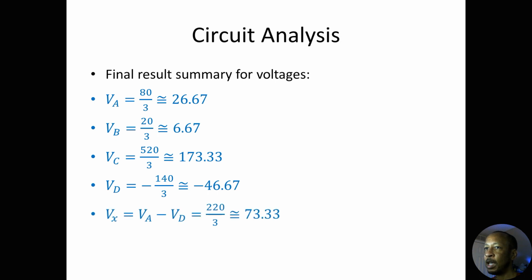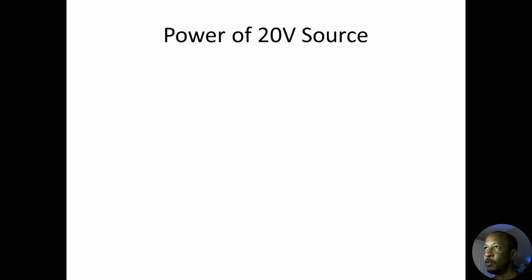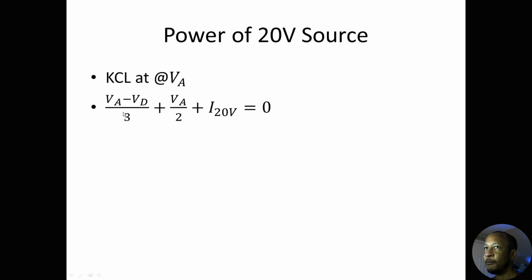Vx equals VA minus VD, which equals 220 over 3, which is approximately equal to 73.33. And 3Vx equals 220. So for the power of the 20 volt source, KCL at VA gives us (VA minus VD) over 3 plus VA over 2 plus I 20 volt equals 0.